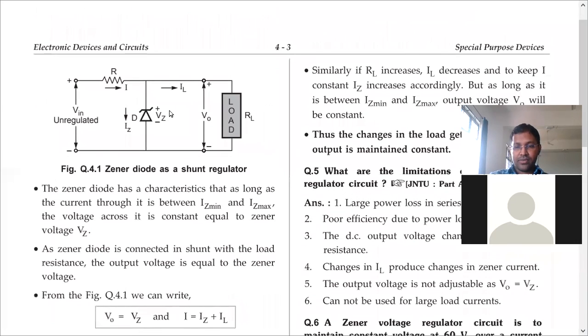So very simple circuit, right? This will act as a voltage regulator. Means this particular circuit, although the input voltage changes, will still maintain a constant voltage across the load. This we have discussed in the previous class. Let us see point by point.